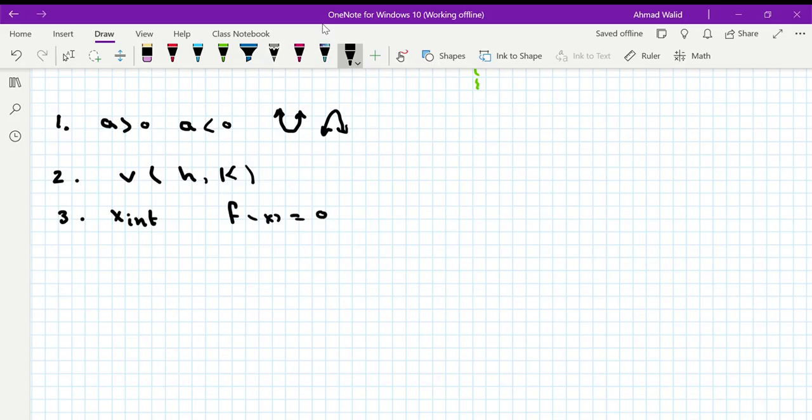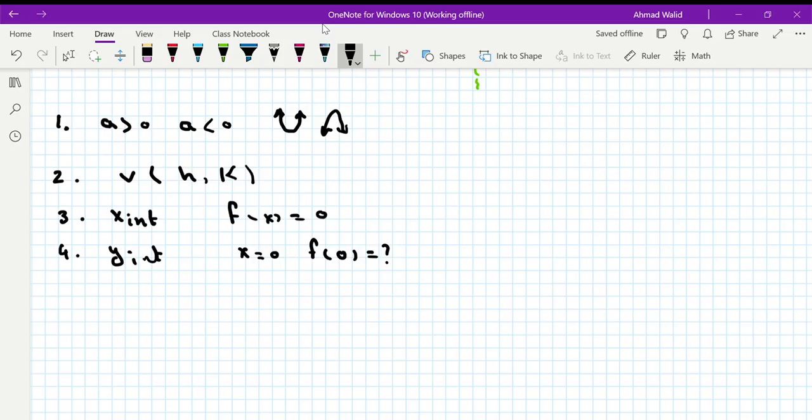Correct? Step 4, find the y-intercept. To find the y-intercept, it means put x equal to 0, or in very good language, find always f of 0. How much is f of 0? It means plug in 0 wherever you have x. It gives you the y-intercept.